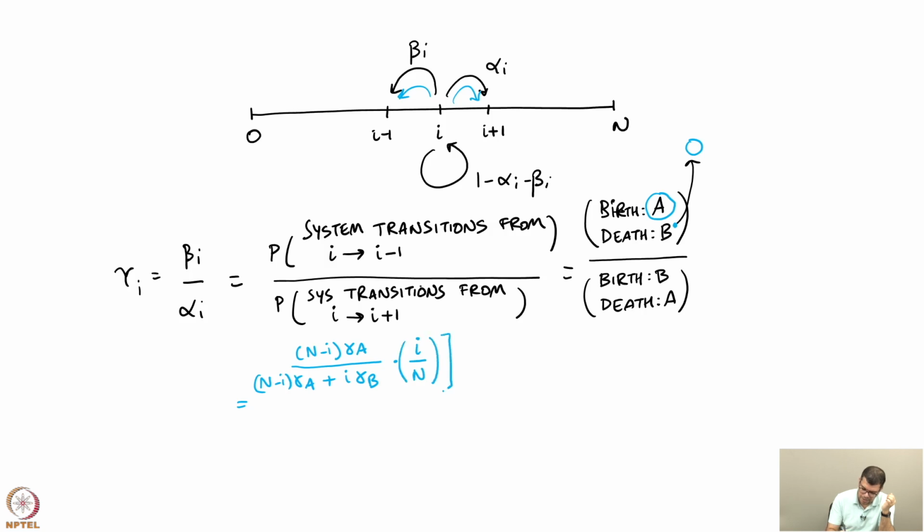So, these two multiplied together give me an expression for the numerator here, which is simply this.